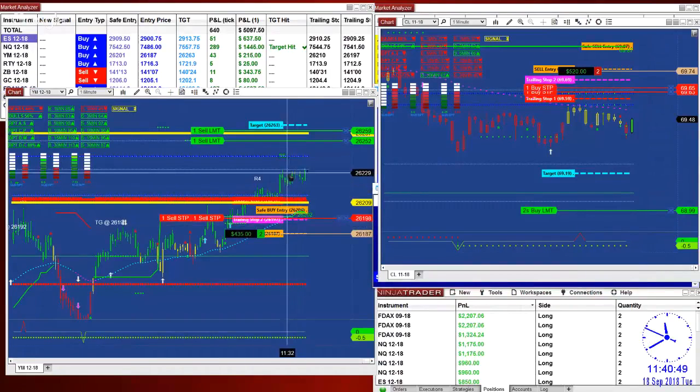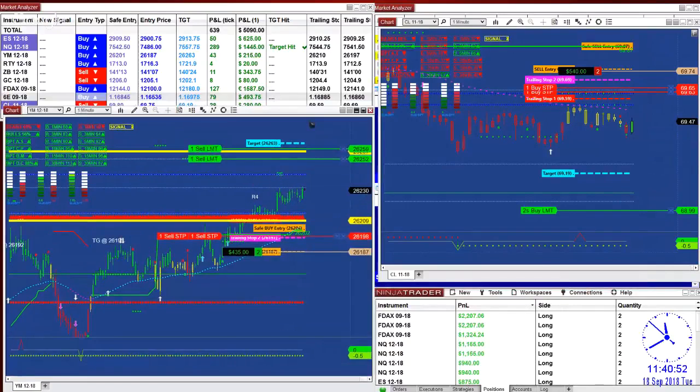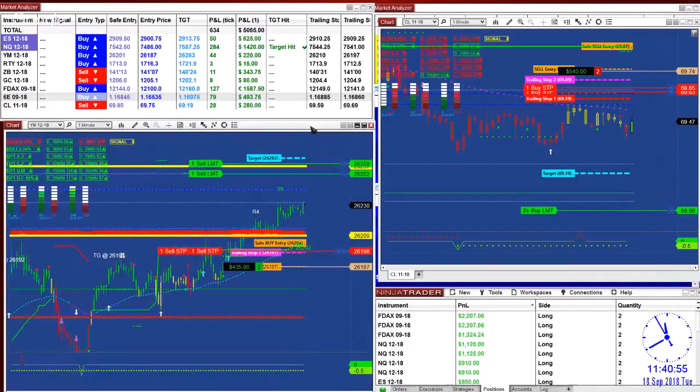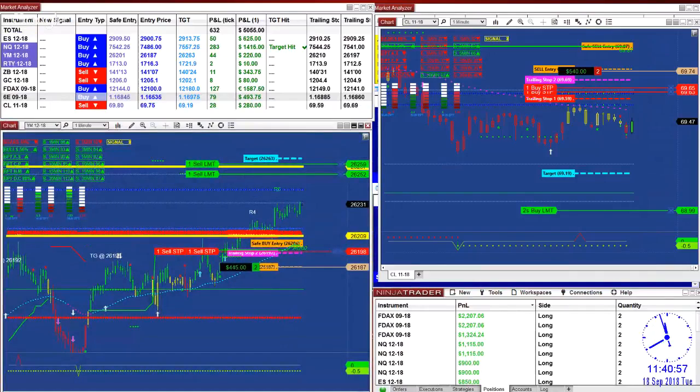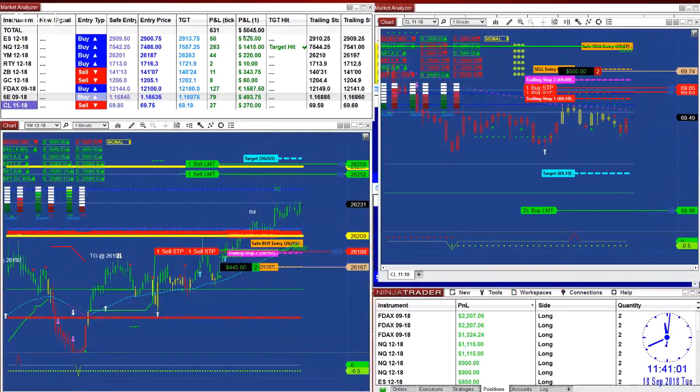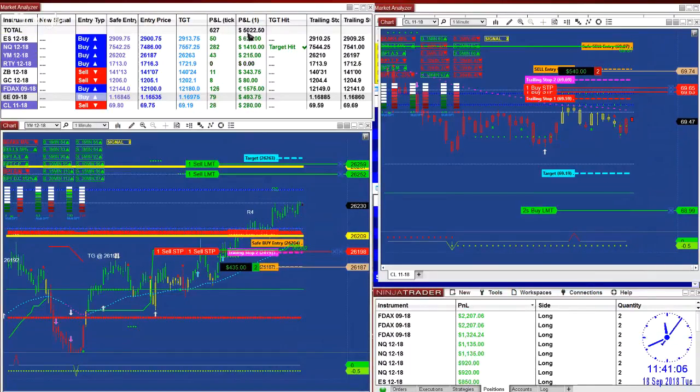And you can see the YM losing momentum. Based on the last entry signal, right now we are up to 632 ticks based on one contract and 1 minute. All those right in front of you.